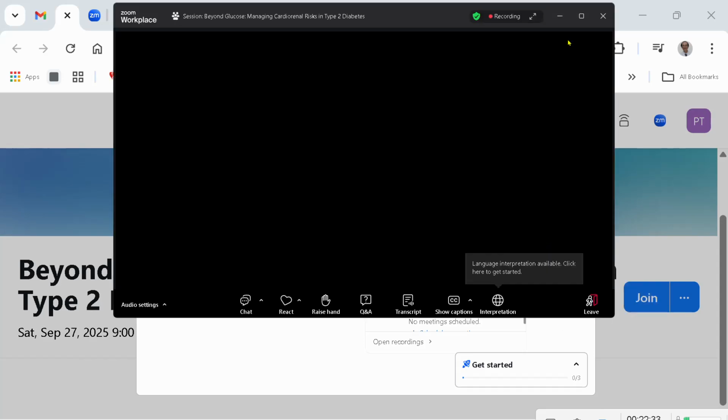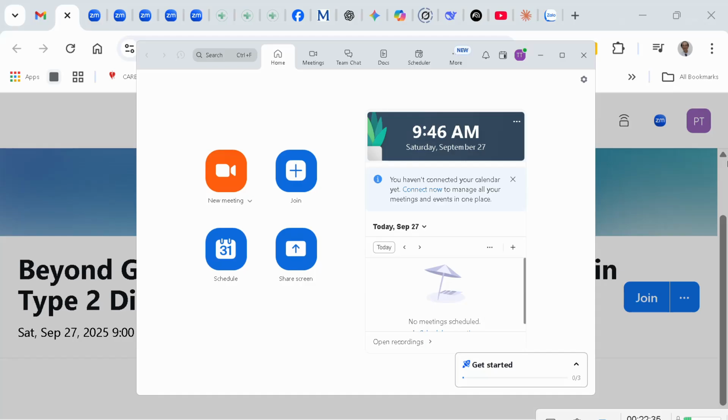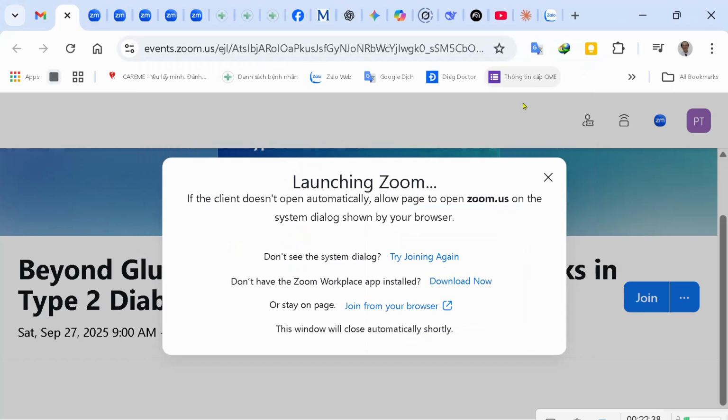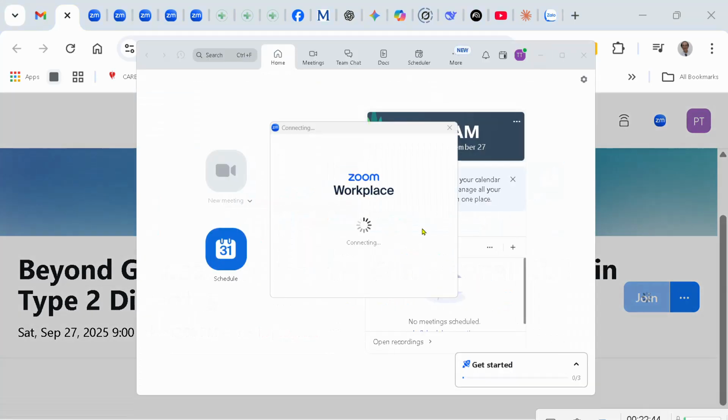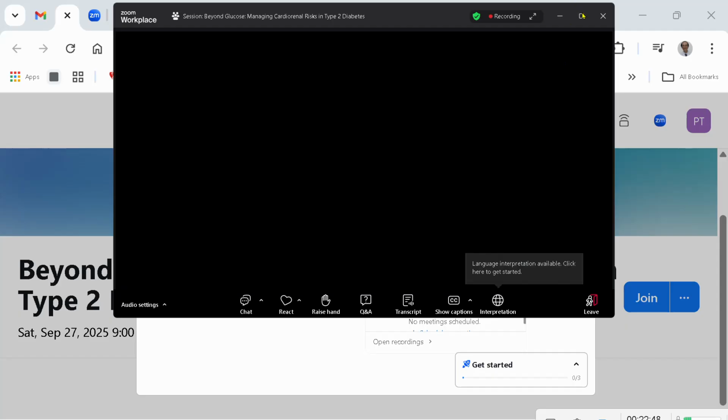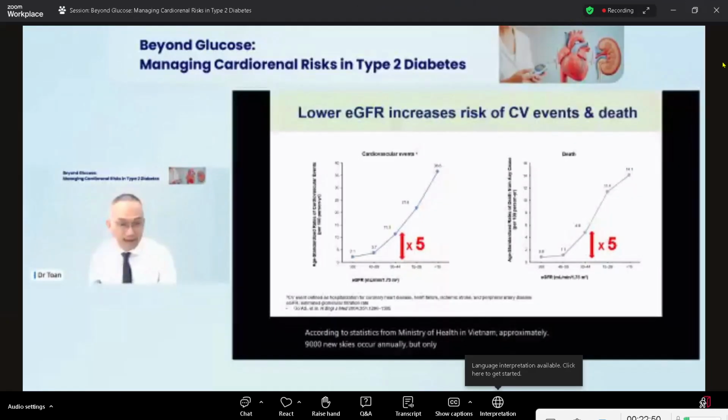According to statistics from the Ministry, high-risk security is associated with increased risk of cardiovascular events and deaths, as shown on the slide.